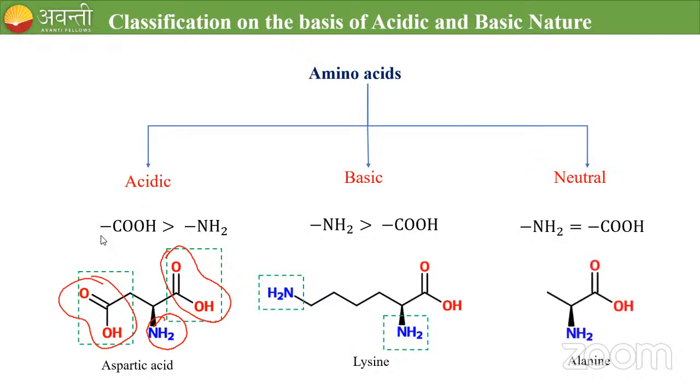The example is alanine. Here we have one NH2 group and one COOH. If we have two NH2 groups, there will be two COOH. If the amino group and the acid groups are equal, it is called a neutral amino acid. Very easy. So this is the first classification, on the basis of acidic and basic behavior.